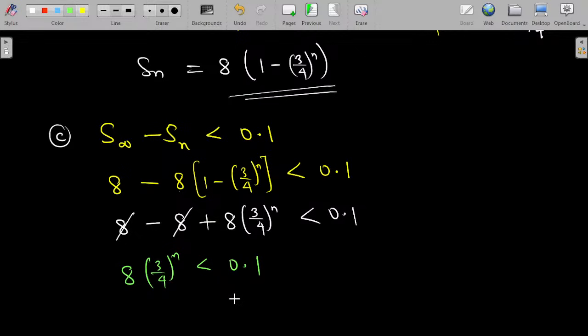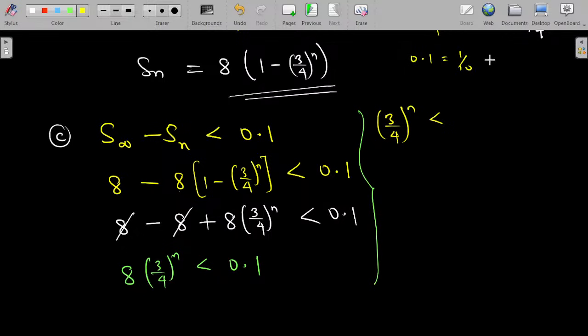Okay, so what can we do next? We'll try to divide both sides by 8. You know that if you divide the inequality by a positive number, the sign remains the same, so nothing will change. So this is going to be 3 over 4 all raised to the power of n is less than 0.1 over 8. In fraction, you know 0.1 is the same thing as 1 over 10.